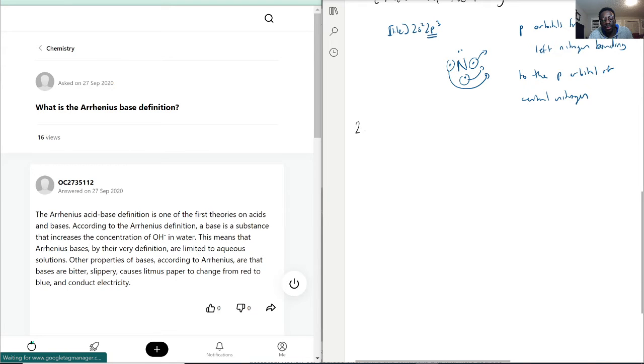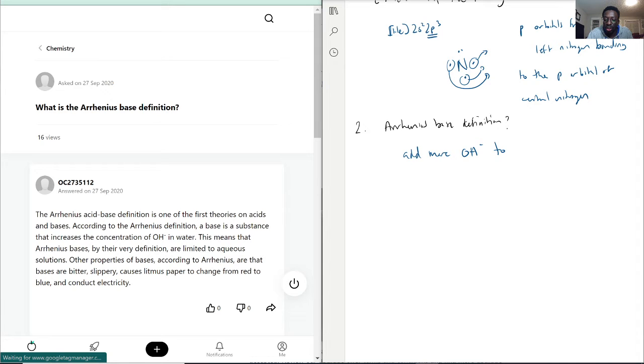Okay, so we have, what is the Arrhenius base definition? So, as it says here, Arrhenius bases are usually described by substances that add more OH to water.